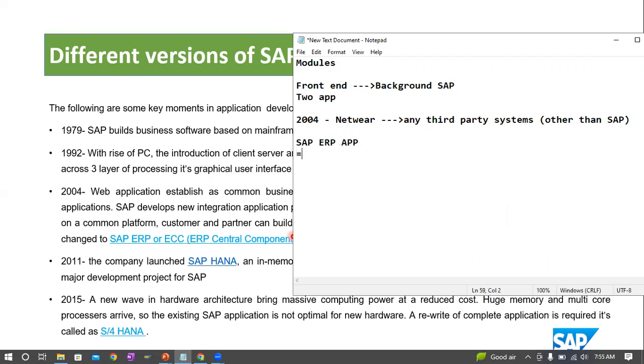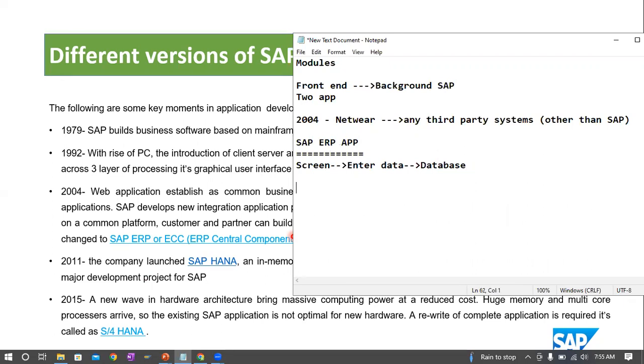So what will you do? They provide a screen where you will enter the data. Once you enter the data, it should be stored somewhere. That storing we call a database.